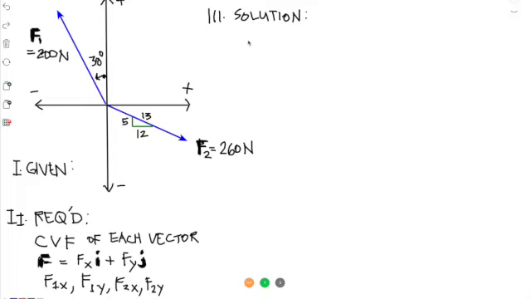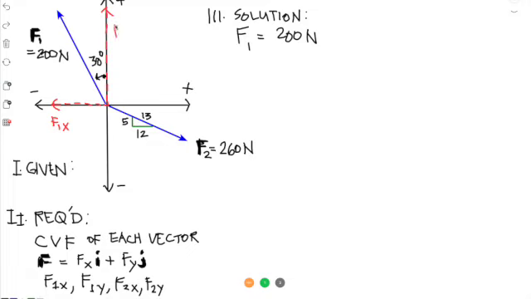Okay, so for f1, the magnitude is 200 newtons. We are trying to find the component in x, which is obviously this is your f1x, and it's in the negative x direction, while your y is in the positive y direction.